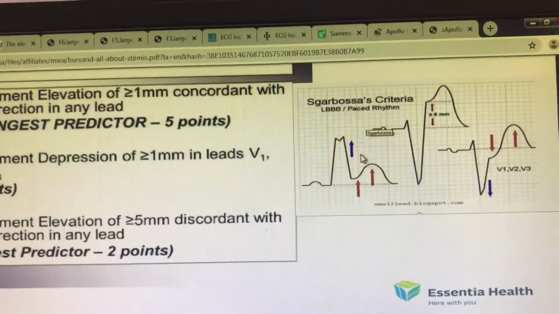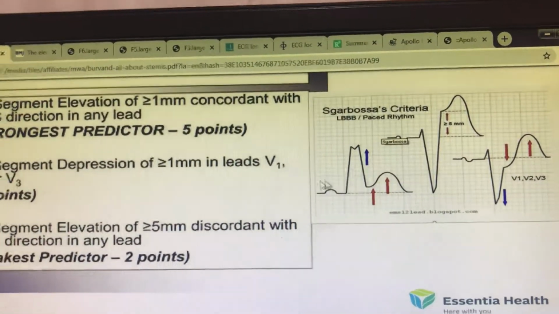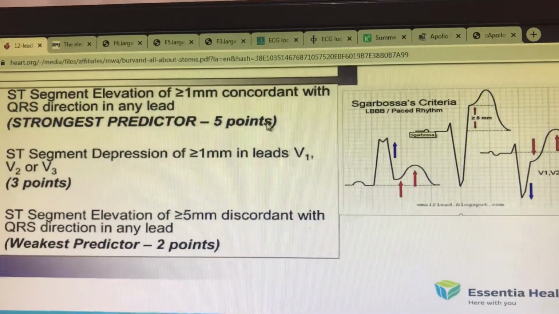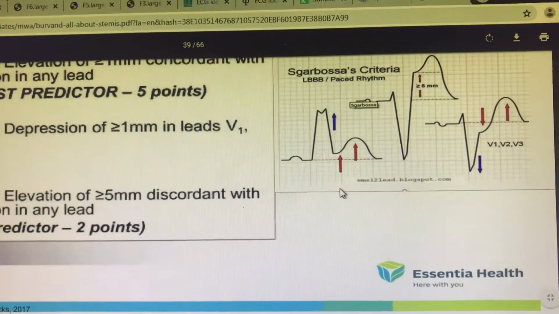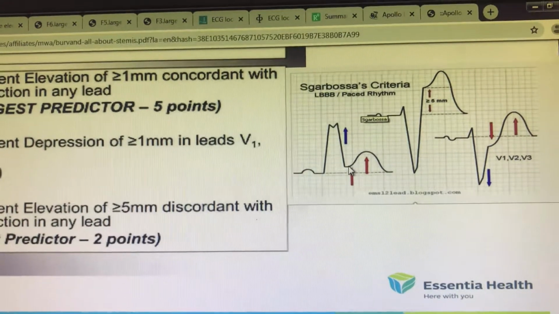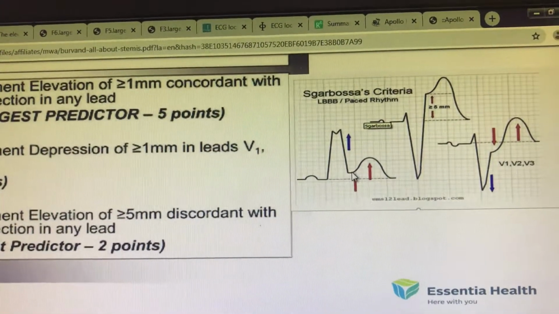If you have a bundle branch block, then the condition where you can suspect that the patient is having MI, if chest pain is there, is a concordant lead having ST elevation even more than 1 millimeter, then it is positive. It carries about 5 points.